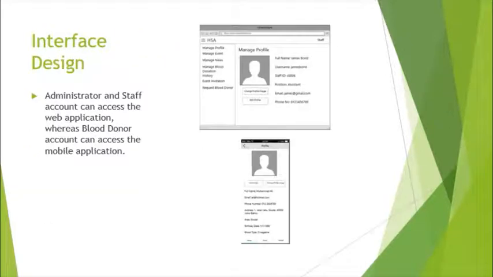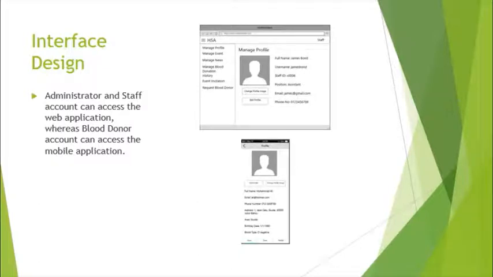Now we talk about the interface design. Since this project is a multi-platform application, which is a web application and mobile application, some of the interfaces will have different designs. For example, the image shown is a manage profile interface.